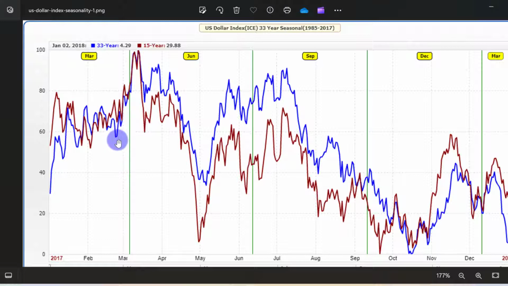Then at the start of March, you can see the dollar start to form a clear directional bias: higher high, higher low, higher high, higher low. A clear bullish impulsive price action happened at the start of the month of March, and then we see price create a shift of market structure right here.